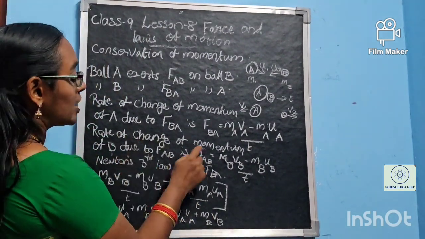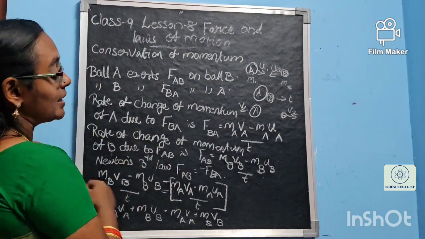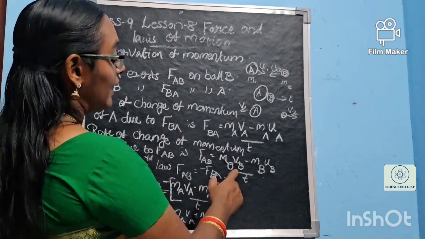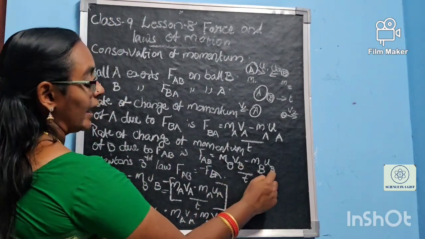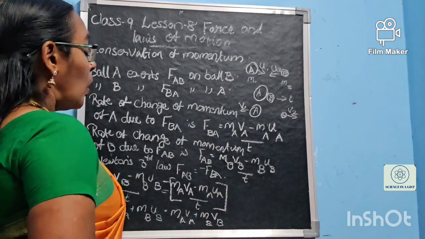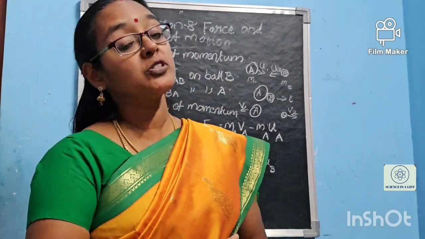Then the rate of change of momentum of B due to FAB is what? It is equal to mB vB, that is mass and final velocity of ball B, minus mass and initial velocity of ball B, divided by t. What is Newton's law saying? For every action, an equal and opposite reaction.